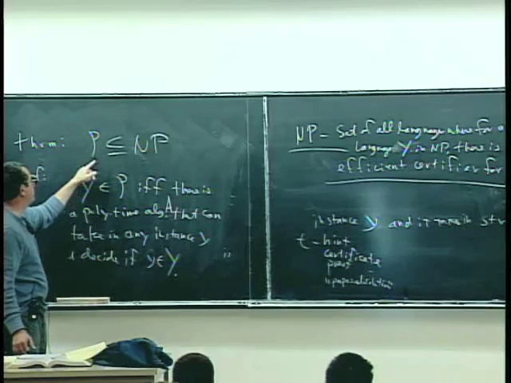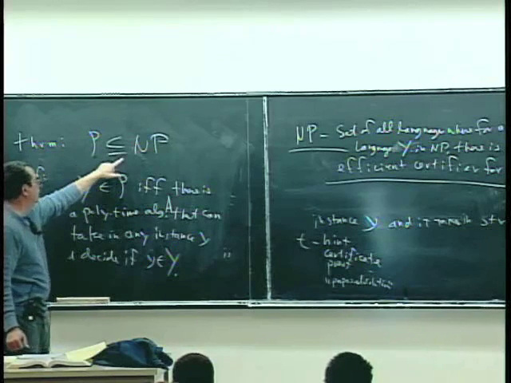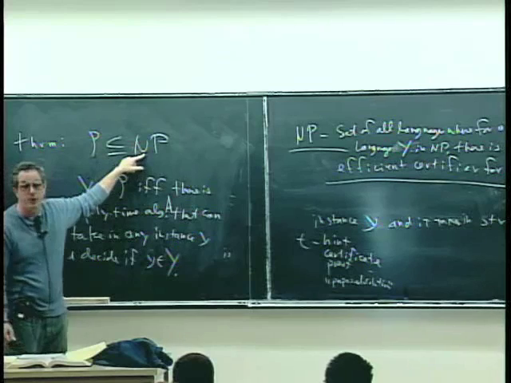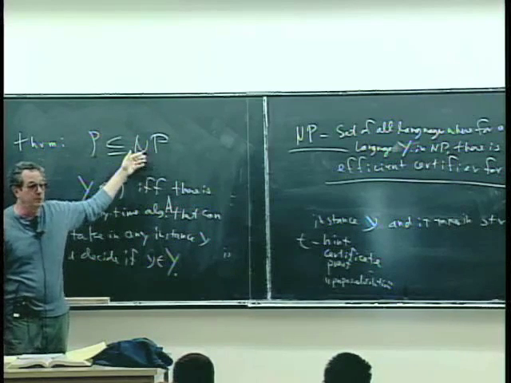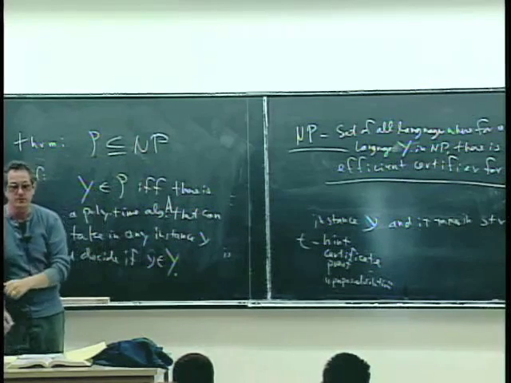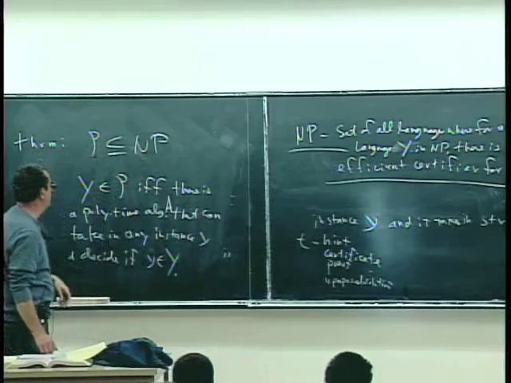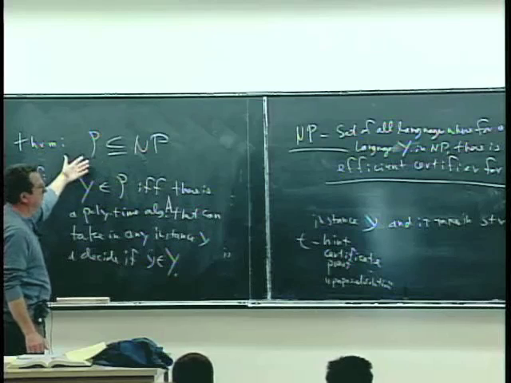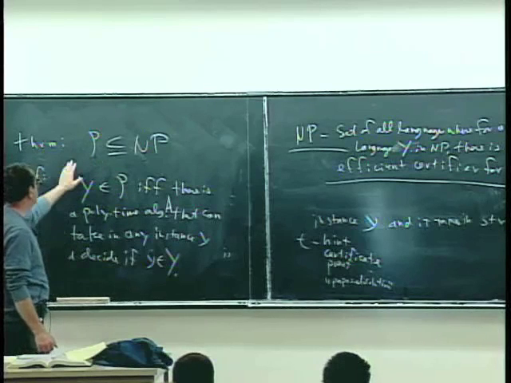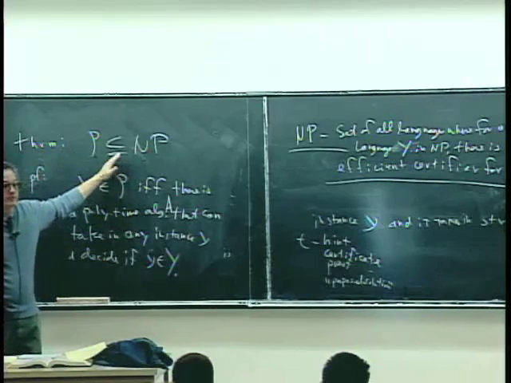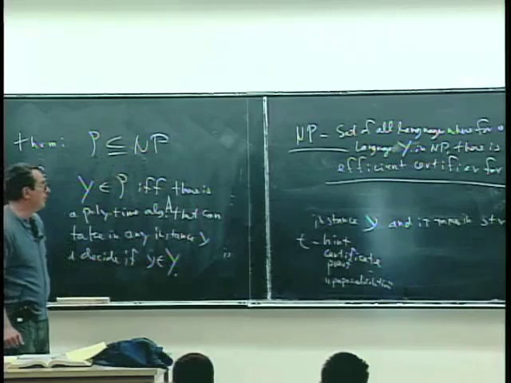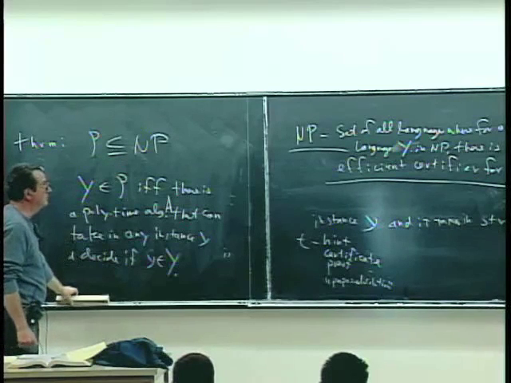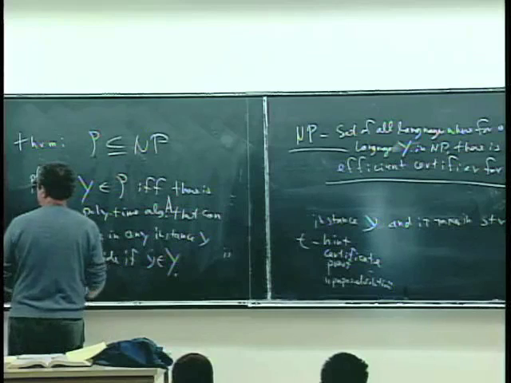The mere fact that the problem can be solved in polynomial time, how does that tell you that a proposed solution can be checked in polynomial time? You're back to this issue of, for example, primality checking. So this theorem couldn't be proven with the informal definitions, but it's trivial with the right definitions. Okay, so that's one fact. That's a trivial fact.